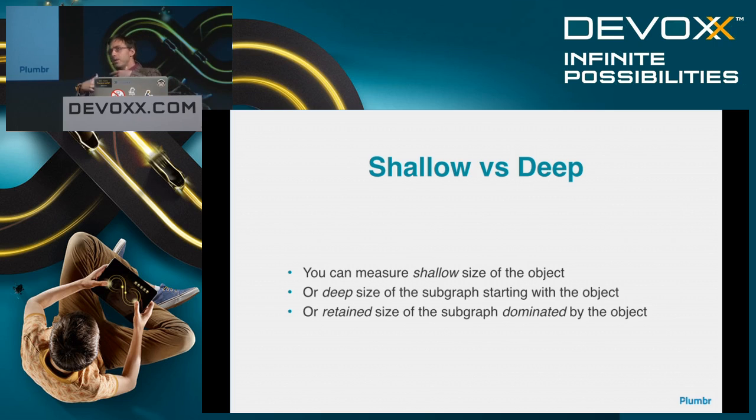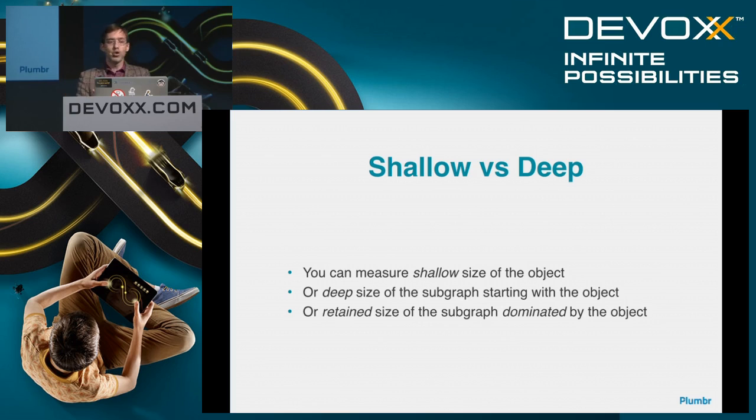When you have a memory leak in your application, you want to open that heap dump, and if you are lucky, you search for the biggest object in that heap, or the object that consumes the biggest amount of memory. But what does this big mean? What does object size mean?